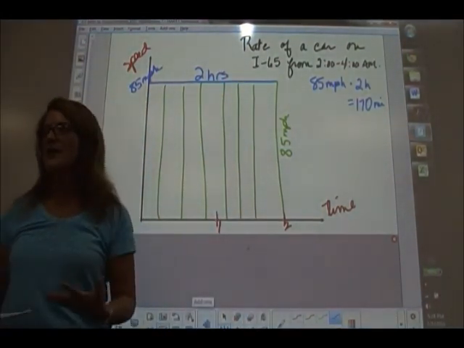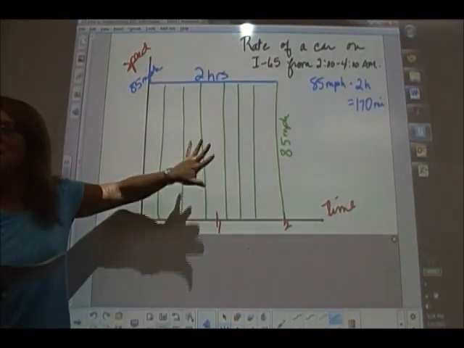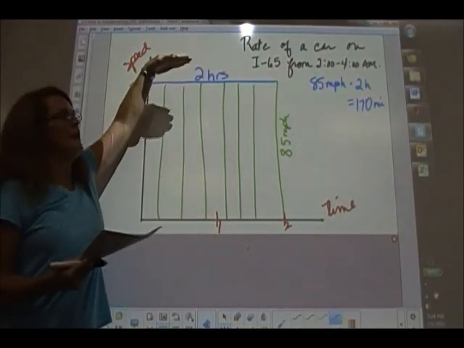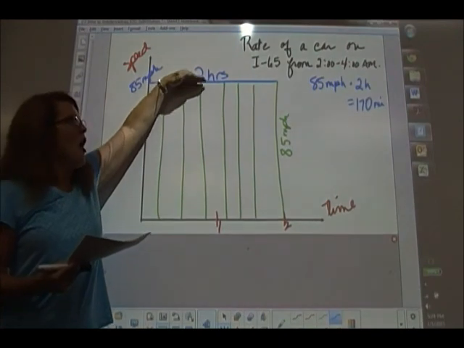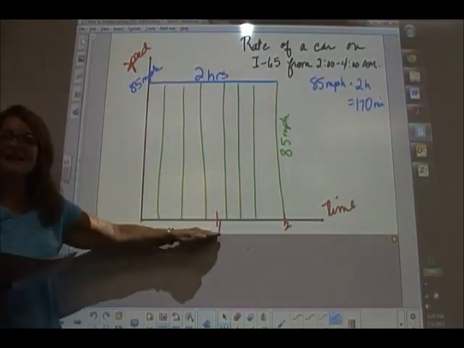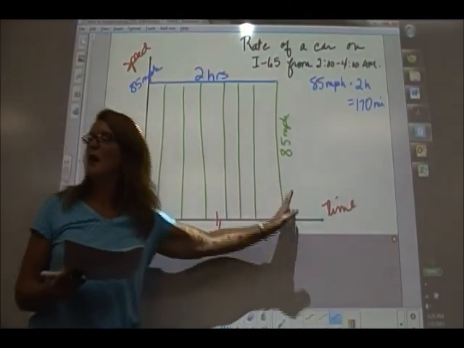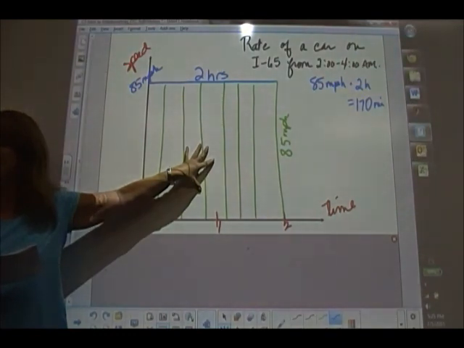So what we're talking about then is that the area of this rectangle, below this blue line that represents my velocity, all the way down to the x-axis from 0 to t equal 2, the area of that tells me how far I went. Okay, you get the idea?